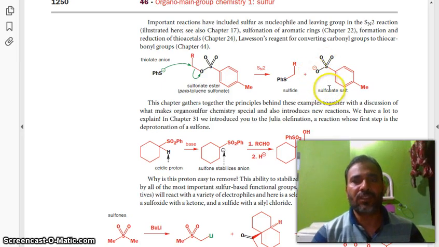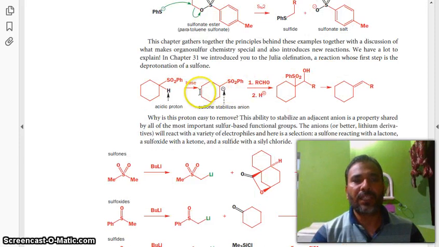Now look here, this proton is acidic, so if you add the base, then it becomes a carbanion, a sulfone stabilized anion. You see the sulfone has double bond oxygen, and then it reacts with an aldehyde in acid medium, forming this compound.